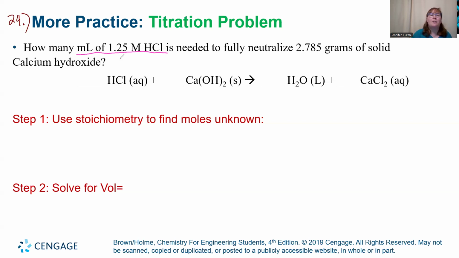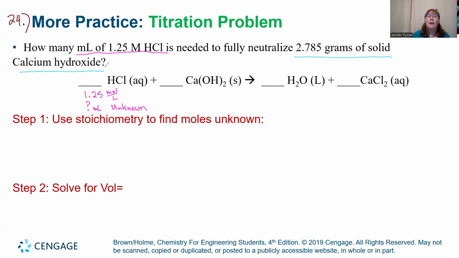Okay, so let's stop there for a minute. So we have 1.25, and molar means moles per liter of my HCl. And I'm looking for volume, so that's going to be my unknown. Then over here, it says 2.785 grams of solid calcium hydroxide.